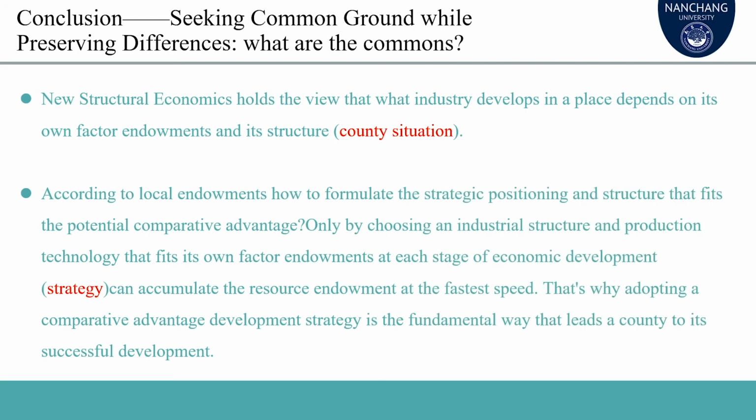Only by choosing an industrial structure and production technology that fits its own factor endowments at each stage of economic development can it possess self-reliance and be most competitive, thereby creating the largest surplus value, promoting the economy's capital accumulation and improvement of factor structure, all of which will further advance the transformation and upgrading of the economic structure.